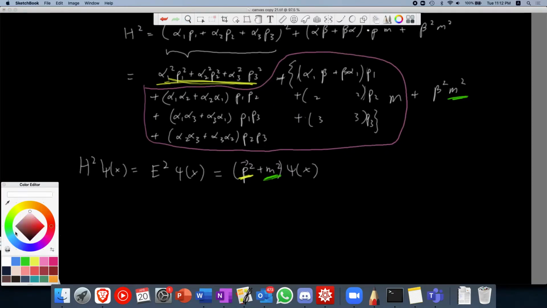We need the matrices alpha 1, alpha 2, alpha 3 and beta to satisfy certain properties, namely alpha 1 squared equals alpha 2 squared equals alpha 3 squared equals the identity.